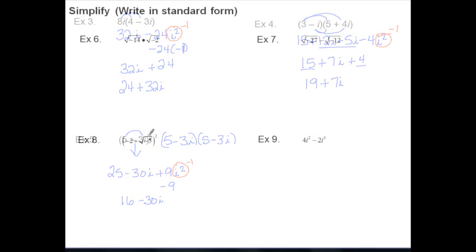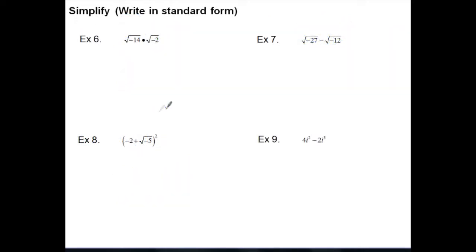Okay, in this next section we're going to be working with some square roots. We're going to simplify and write our answer in standard form. And we're dealing with negatives under the square root sign, and on our rule up there at the top, remember the square root of a negative number, and negative 1 was our example, is the imaginary number i.